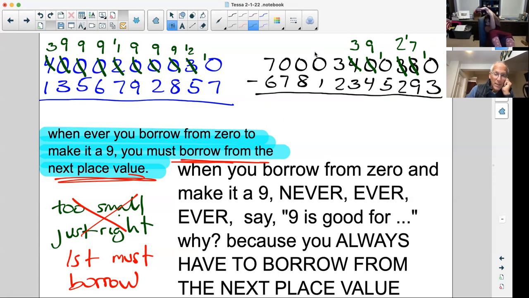You're not focusing, Tessa. If you don't focus, you're not going to get this. We make it a 10. And then we borrow that from the other 0, which becomes a 9. And then we borrow that from the other 0, which also becomes a 9. And then we borrow that from the 7, which becomes a 6.